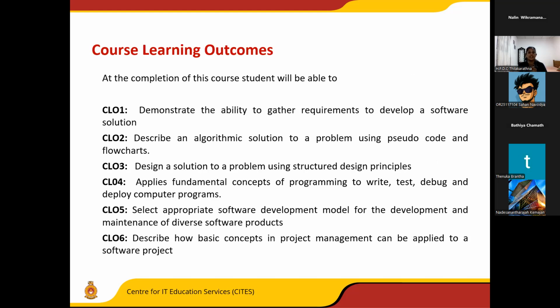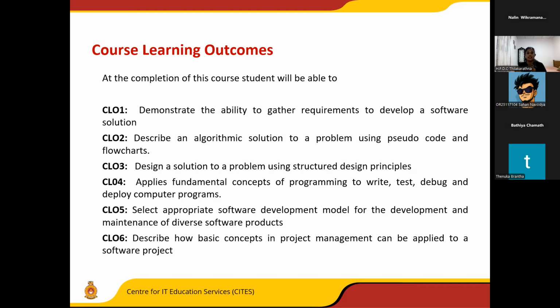So these are the course learning outcomes. At the completion of this course, you will be able to demonstrate the ability to gather requirements to develop a software solution and describe an algorithmic solution to a problem using pseudocode or flowcharts. And you will learn to design a solution to a problem using structured design principles.